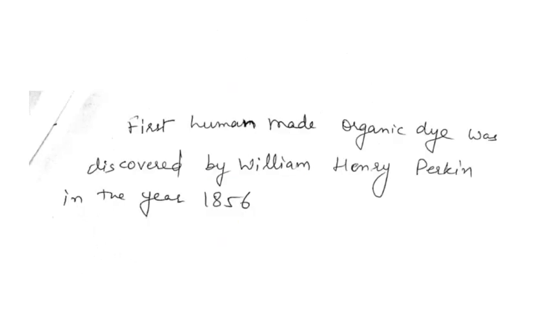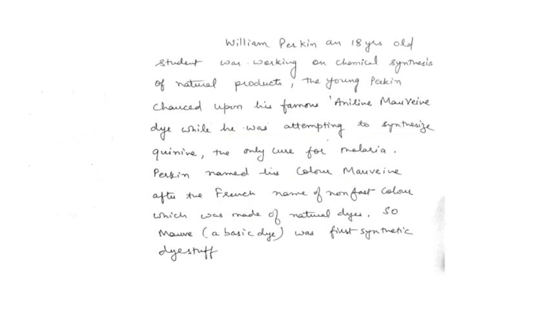The first human-made organic dye was discovered by William Henry Perkin in the year 1856 when he was an 18-year-old child. William Perkin, an 18-year-old student, was working on chemical synthesis of the natural products.